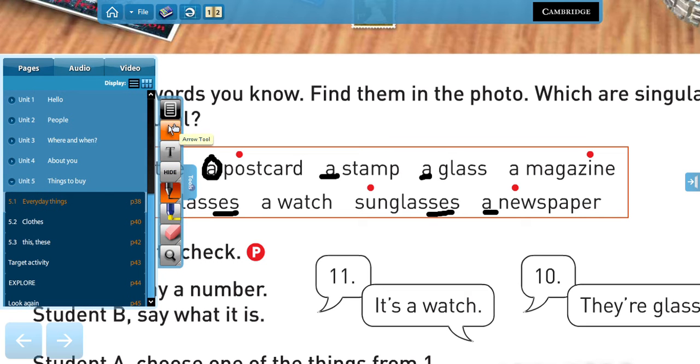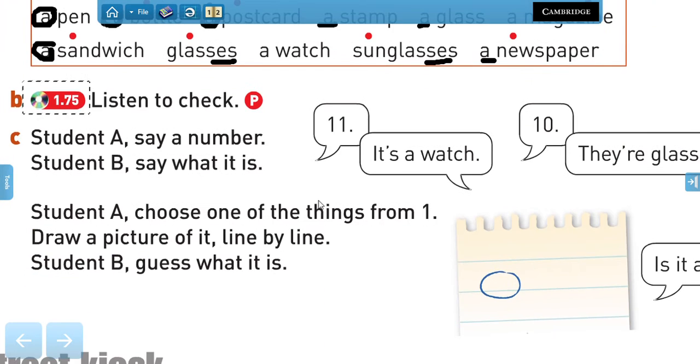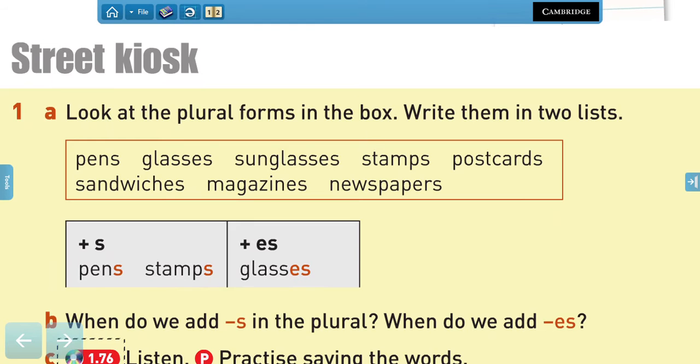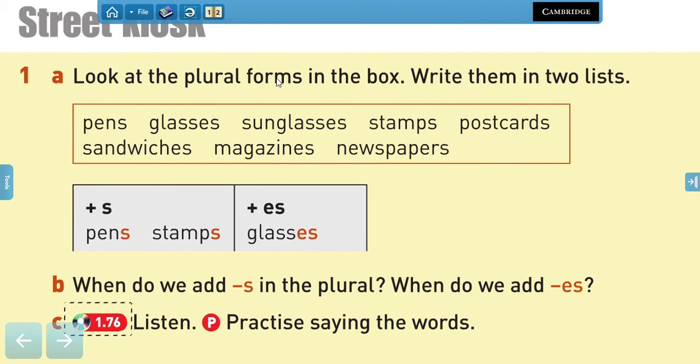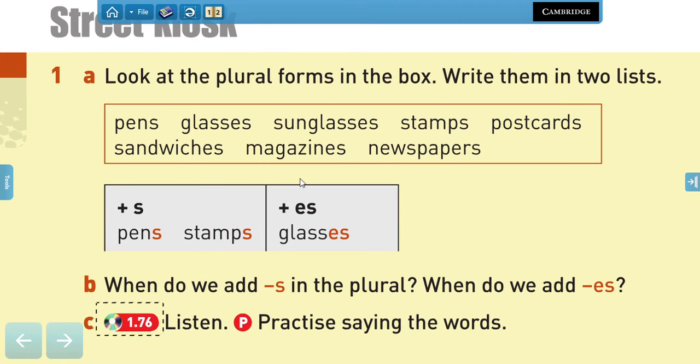Now here below, I have an activity for you. It says, look at the plural forms in the box. So we have all plurals, only plurals. Write them in 2 lists. So we're going to have one list for all the words that the only thing you need to do to make it plural is to add an S. For example, pens.